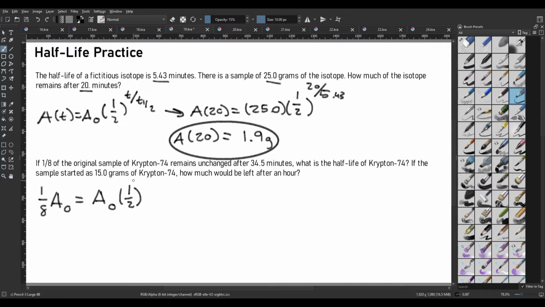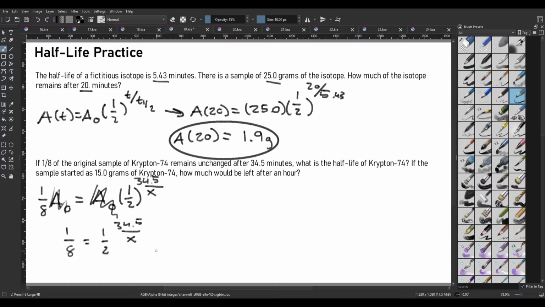It's going to be 34.5 over x. So if we divide by A naught, these are going to cancel out. We don't need this. Those are both terms inside the equation we don't need. So we can get rid of that. So it's going to be 1/8 equals 1/2 to the 34.5 over x.